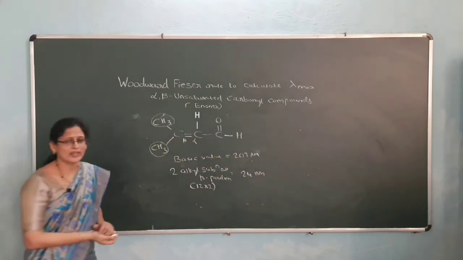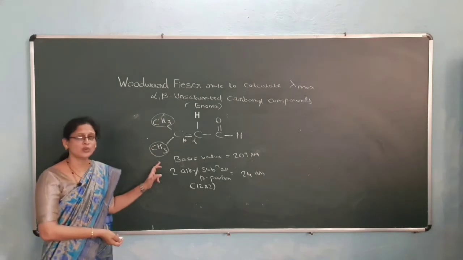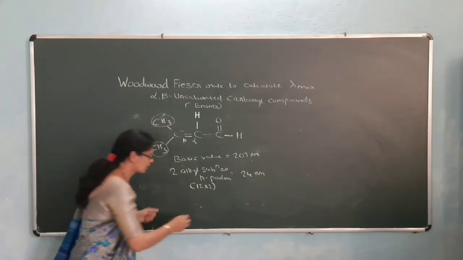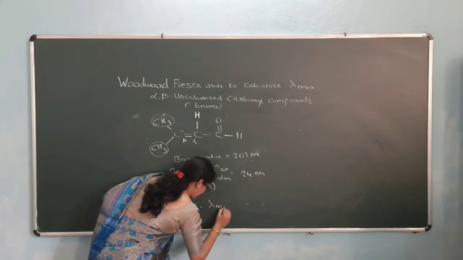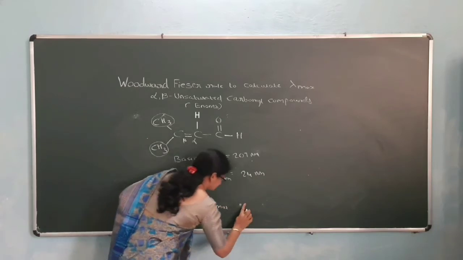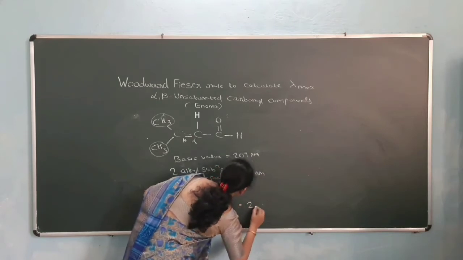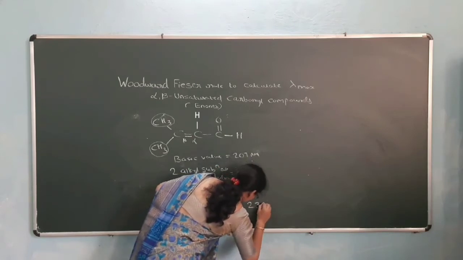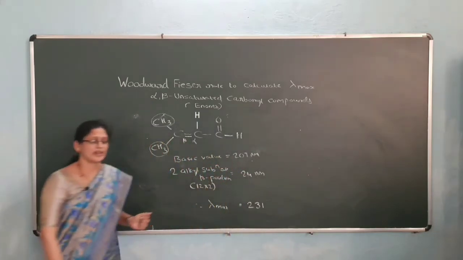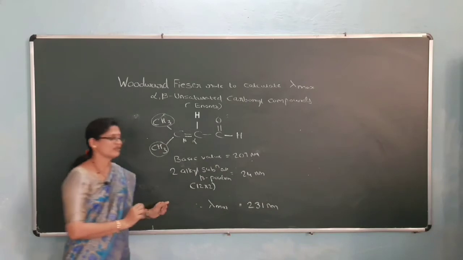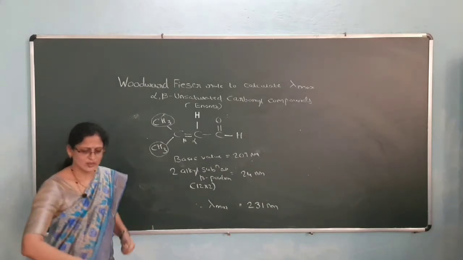So we have only the basic value and the two alkyl substituents at the beta position. Then the total lambda max is 231 nanometer. So we will take some more examples.